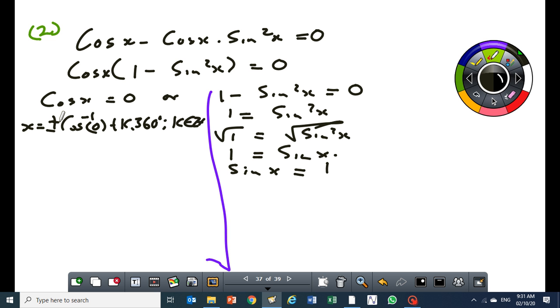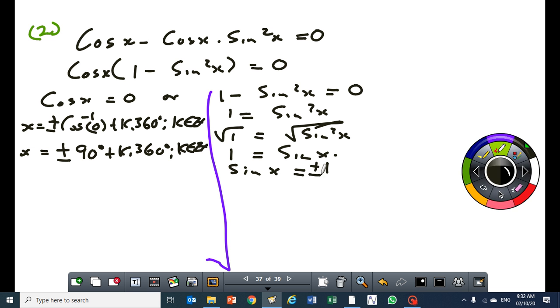Shift cos of 0 will give you 90 degrees. Check on your calculator. What's shift cos of 0? So you end up having plus or minus 90 degrees plus k times 360 degrees, where k is an integer. Okay? So from there, I've got the two general solutions for this one.